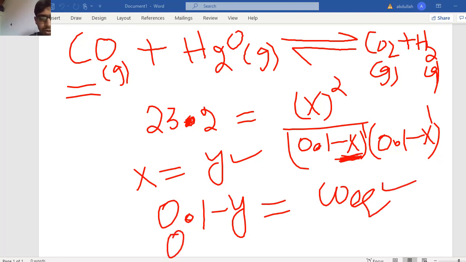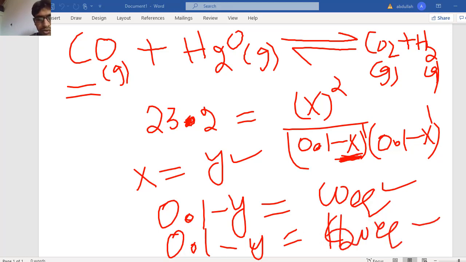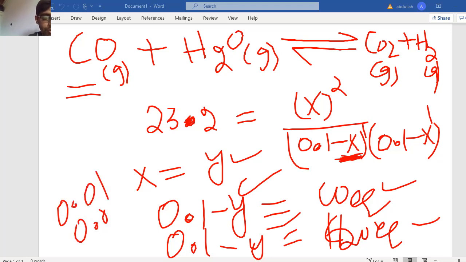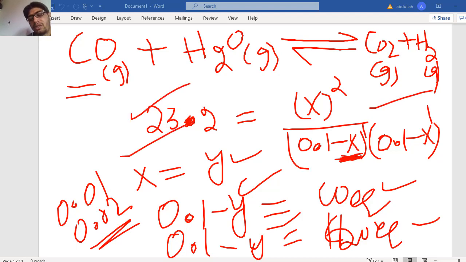Similarly, 0.1 minus y is the equilibrium concentration of water. This y can be 0.01, 0.02, some value that can be determined from your calculation.